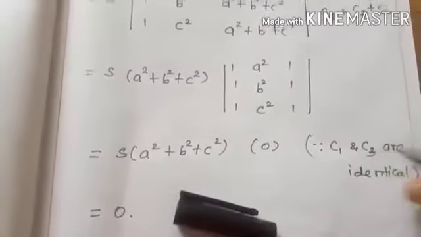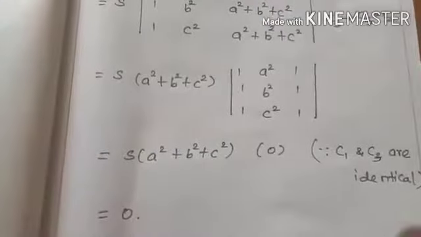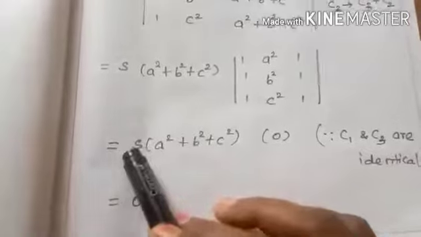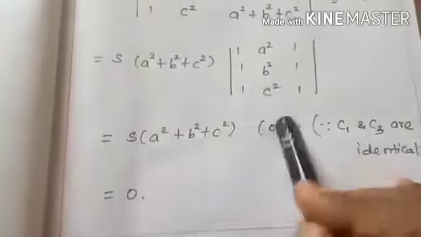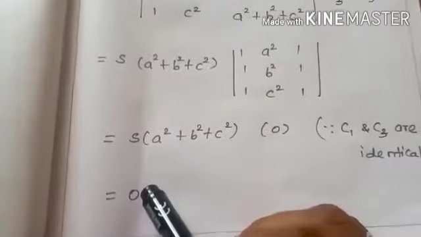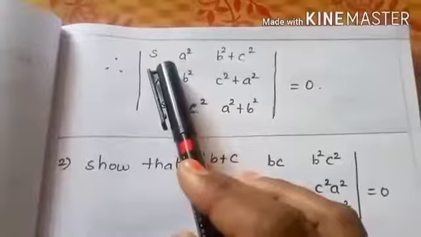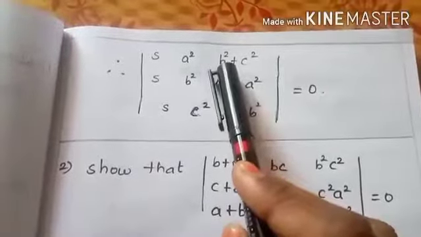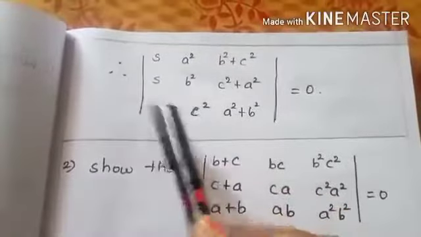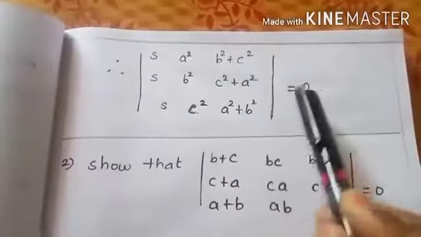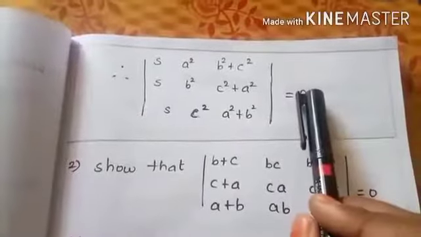Therefore the value of this determinant is equal to 0. So s into a squared plus b squared plus c squared into 0; 0 into anything is equal to 0. Therefore the determinant of [s, a squared, b squared plus c squared; s, b squared, c squared plus a squared; s, c squared, a squared plus b squared] is equal to 0. So the value of this determinant is equal to 0.